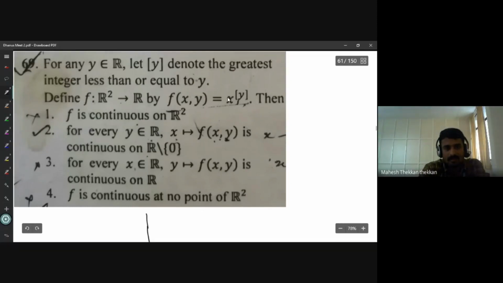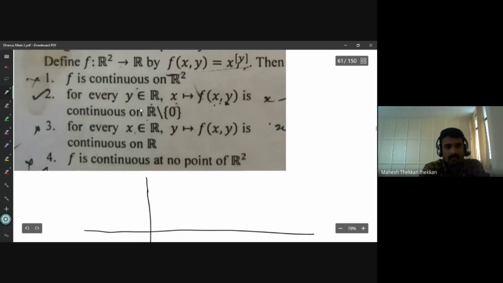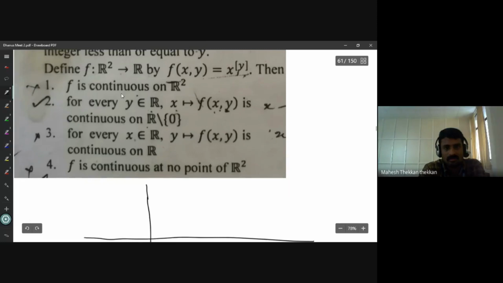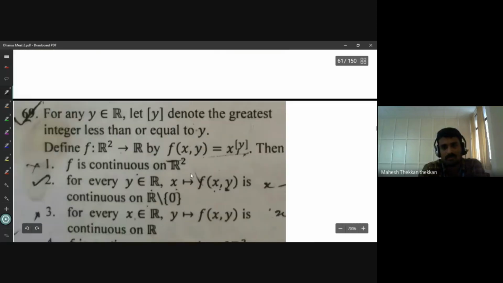Now the question is whether f is continuous throughout the domain R2, or, if you fix one y, whether the function x going to f(x, y) is continuous on R minus 0. Another option is that for every x in R, the function y going to f(x, y) is continuous on R, or f is continuous at no point of R. So this is the question.